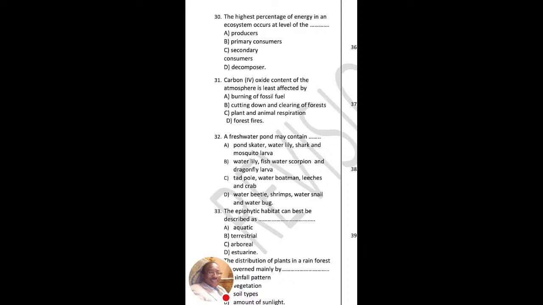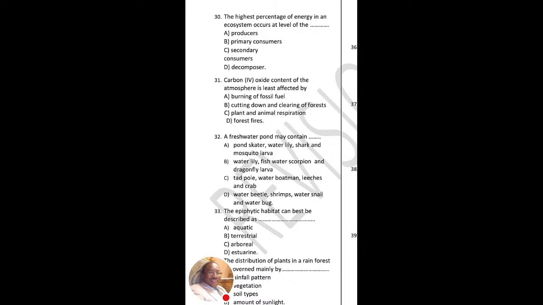B is very close to the answer. C is questionable because crabs, though we find them in freshwater, we find them more in marine. So we'll look at options B and D. But we don't have any organism called fish water scorpion.